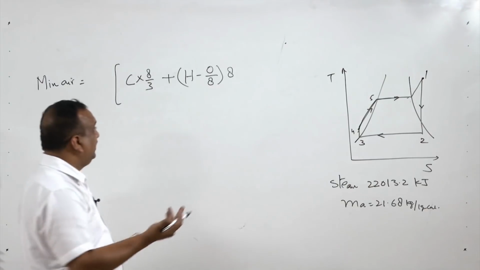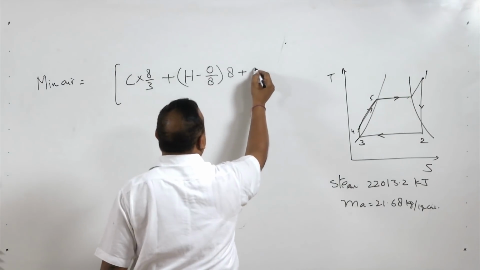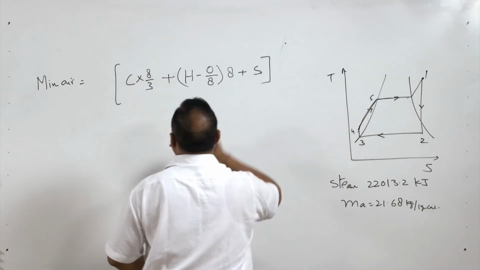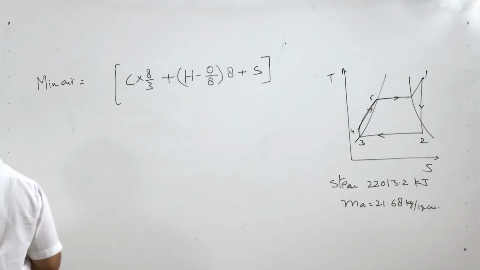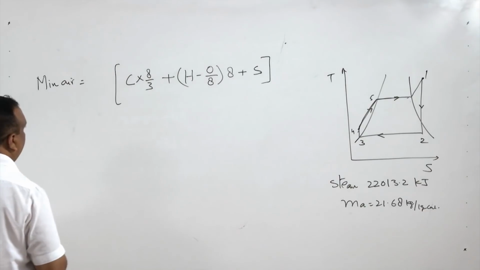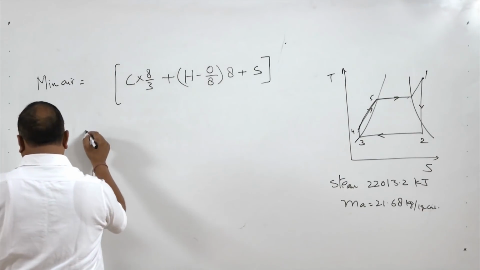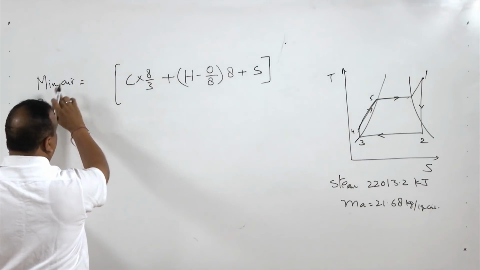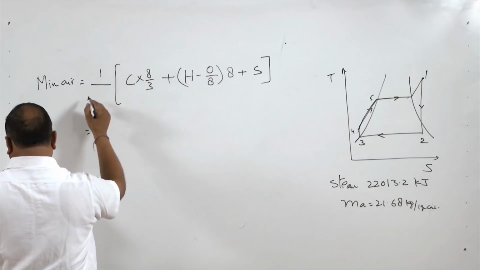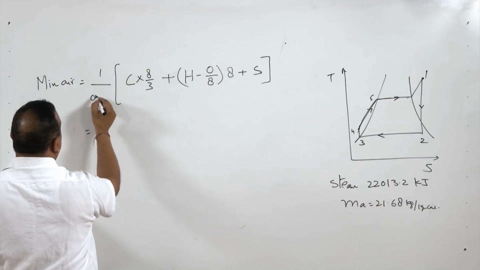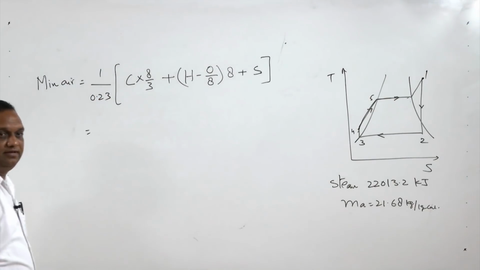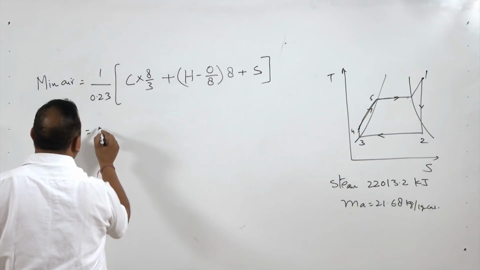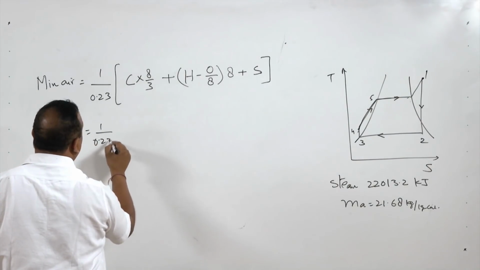For sulfur, 1 kg of sulfur requires 1 kg of air, but sulfur is not there. Now this is minimum oxygen, not minimum air. In order to find minimum air, it has to be divided by 0.23.